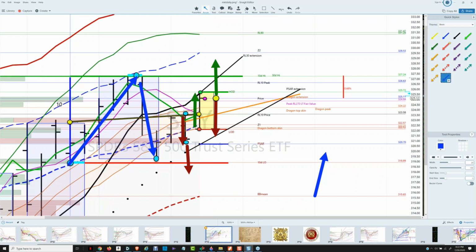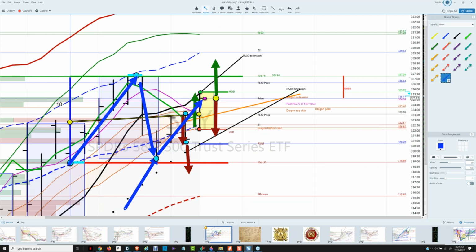And now we've got the residual move like this. So that feels like an up because if anything, we would say, hey, this 10-day low and then the next 10-day, this is slightly better.